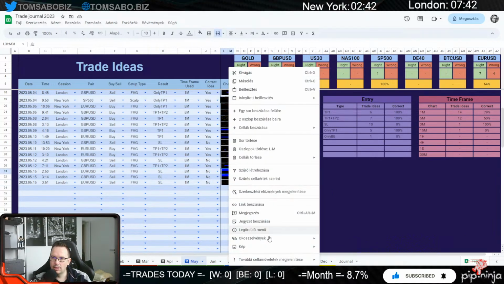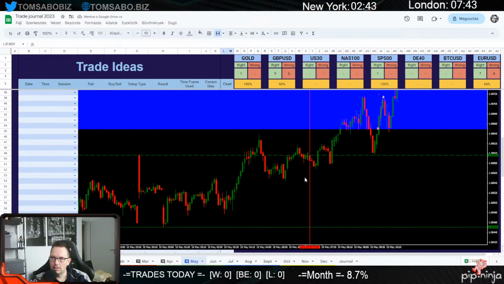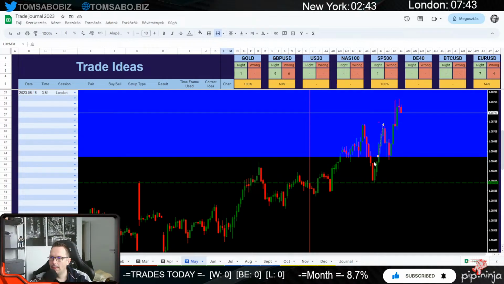Actually, the first trade was totally unnecessary. I was in a fair value gap on the 1 hour, and I was targeting this fair value gap here to enter short, but clearly it's just not a nice structure break.